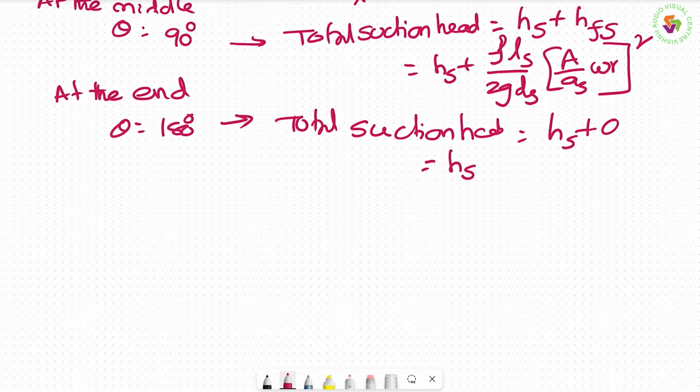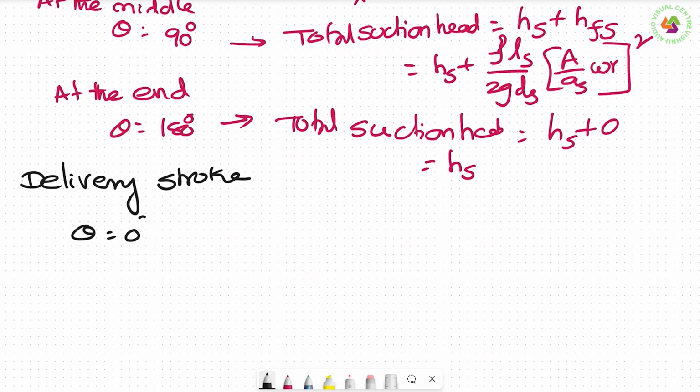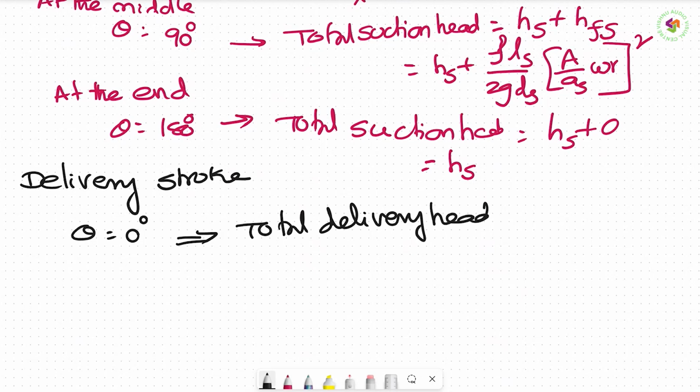Same is the case if I write the delivery stroke. Beginning means theta is equal to 0 degrees. Total delivery head is equal to Hd, because Hfd is equal to 0.